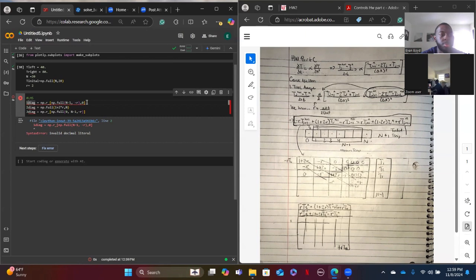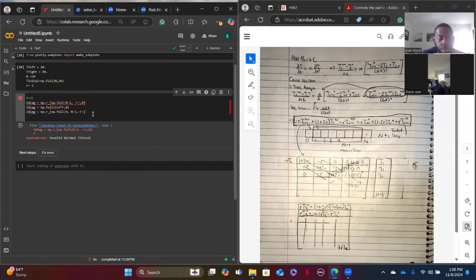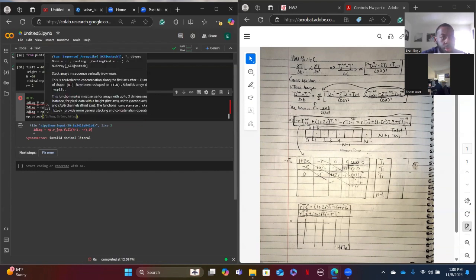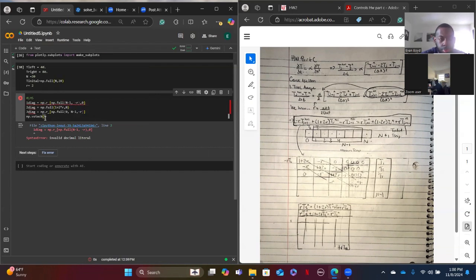Anyways, so these are our 3 diagonal equations. And what we want to do is stack them into one row, basically. So we would use NP V stack. It just takes all these equations and stacks them into one. So you take this NP dot R, put it in here.